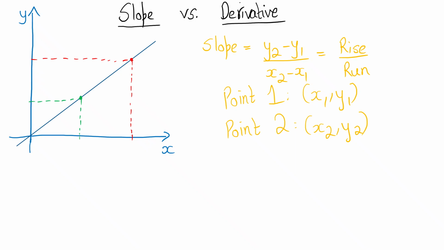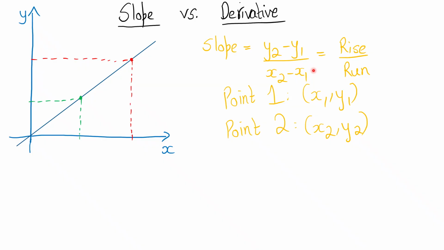The slope is just equal to rise over run, which is (y2 minus y1) over (x2 minus x1), right? y2 is the y coordinate of my second point, y1 is the y coordinate of my first point, divided by x2, the x coordinate of my second point, minus x1, the x coordinate of my first point. So that's the idea of a slope.